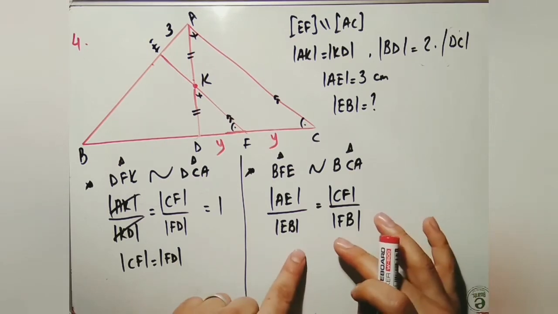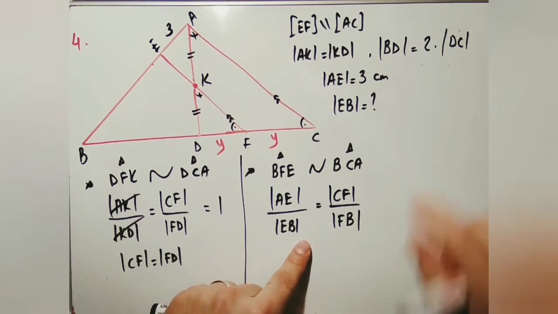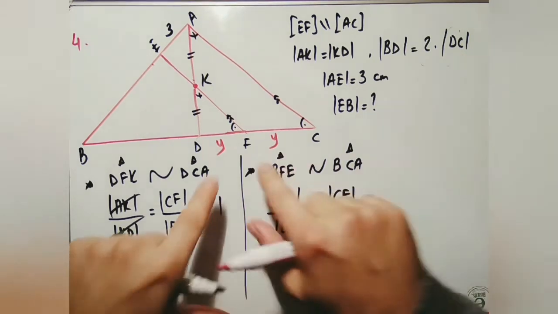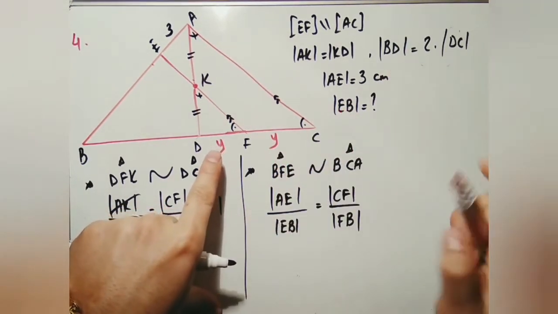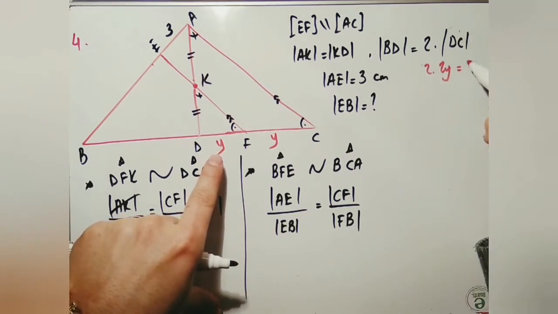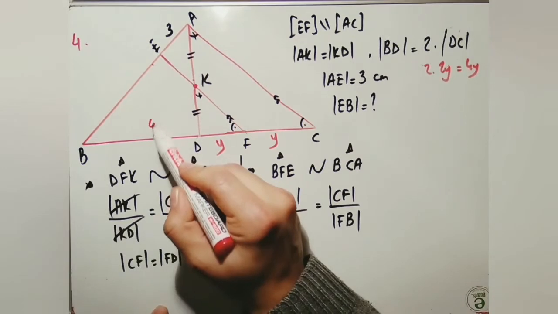But before we solve this, BD is equal to 2 times DC, and DC here is 2y, so the length of BD will be 2 times 2y, which is 4y.